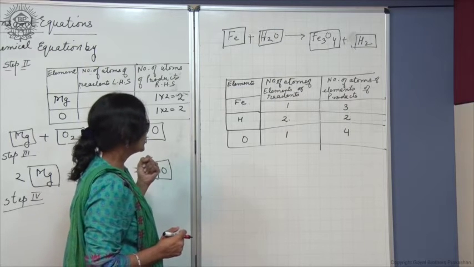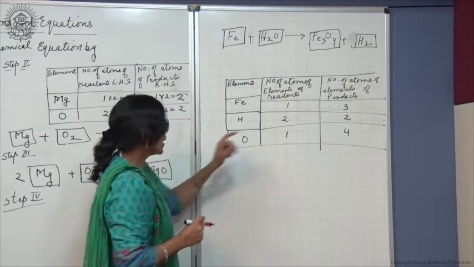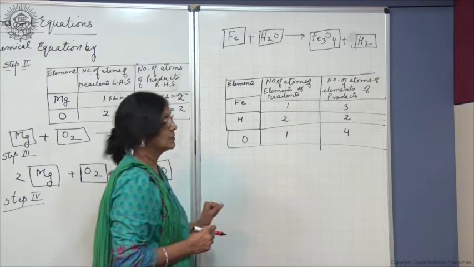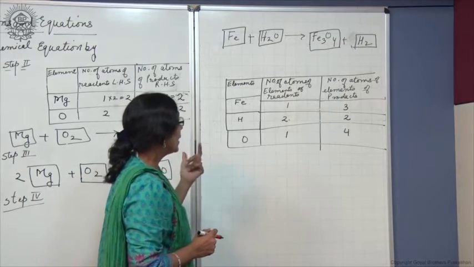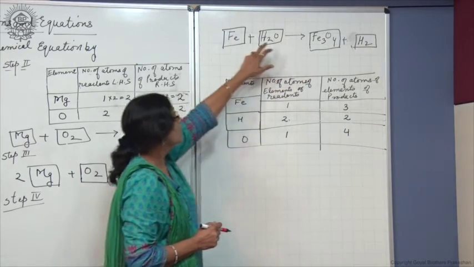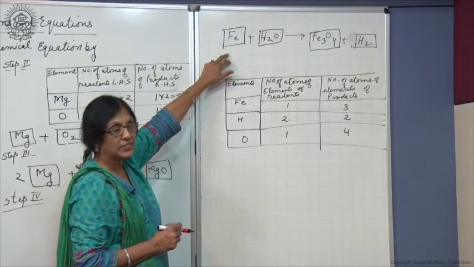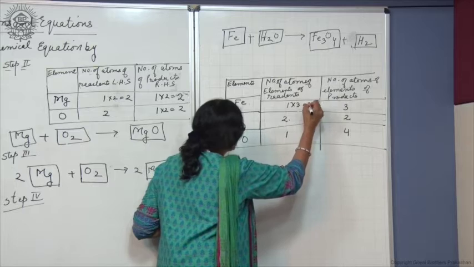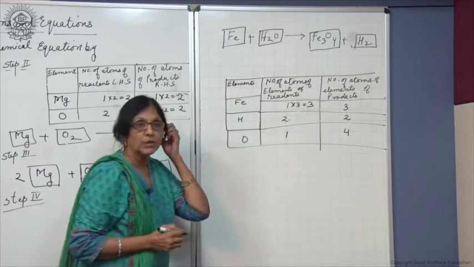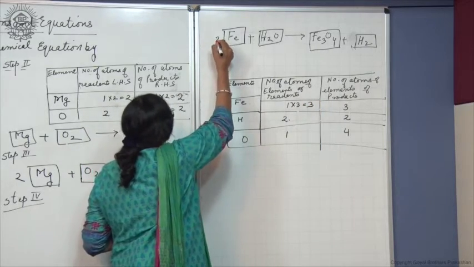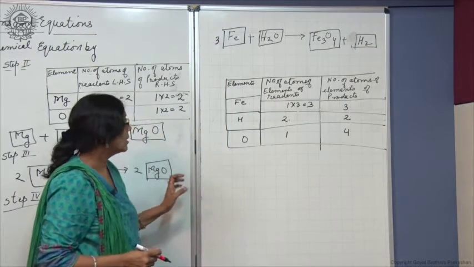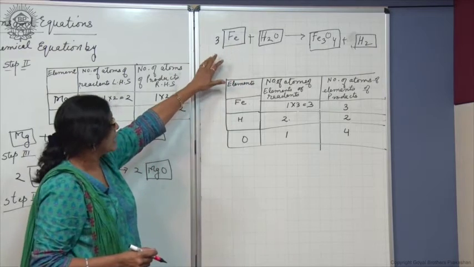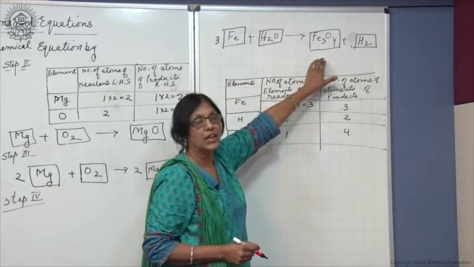How will we balance? As I told you earlier, we will start with iron and oxygen, which are higher in number. To make the number of iron atoms equal on the reactant side, if we multiply it by 3, the iron atoms will become equal on both sides. So we write 3 as a coefficient outside the box. Now we have 3 iron atoms on the LHS and also 3 iron atoms on the RHS.